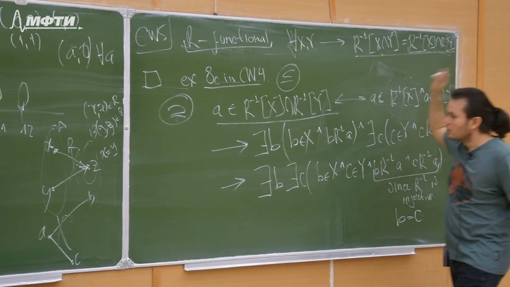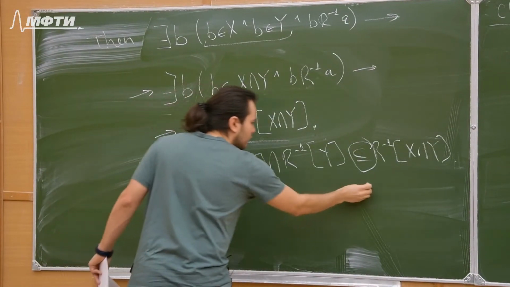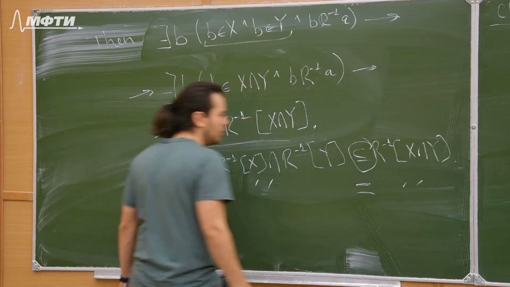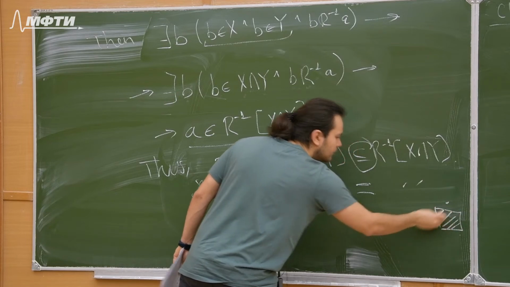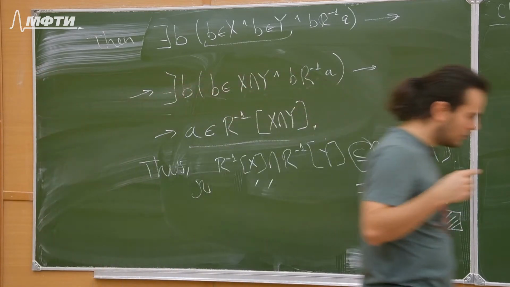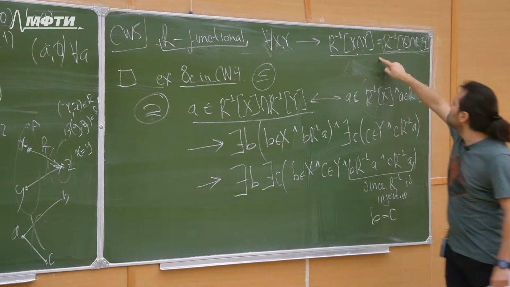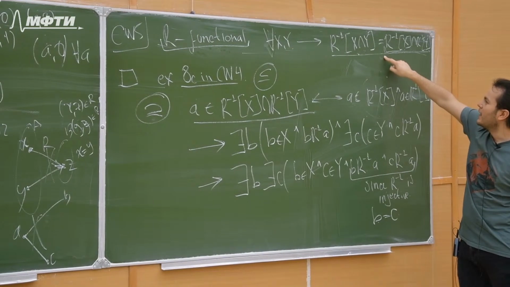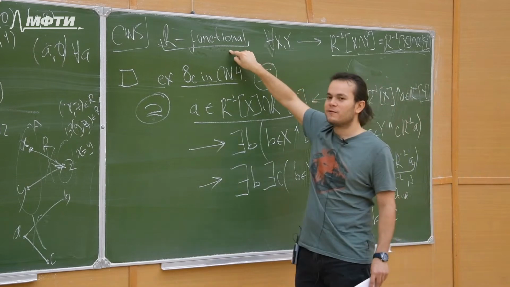Okay, so this is equal to this thing here. Okay, and we finish the proof. And that's it. So again, this thing here is true only if R is functional.